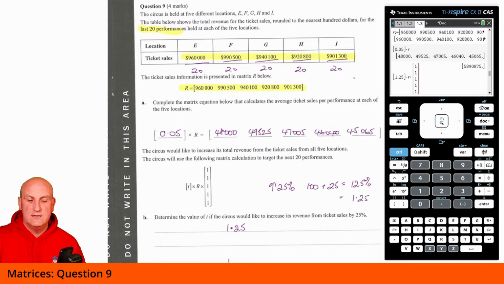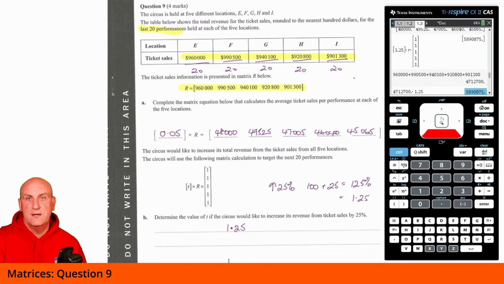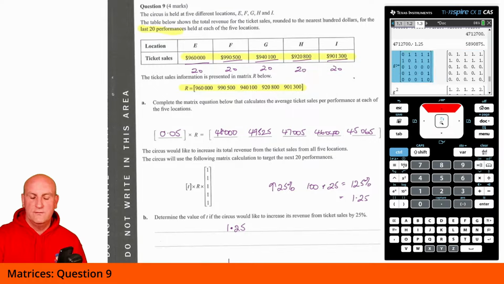And if I go back to my calculator, that's what I got. So when I added all of this row together, I got 4712700. And then when I times that by 1.25, I got the same answer. So you notice that 5890875 in that one there, exactly the same. So I'm fairly confident that's right there.